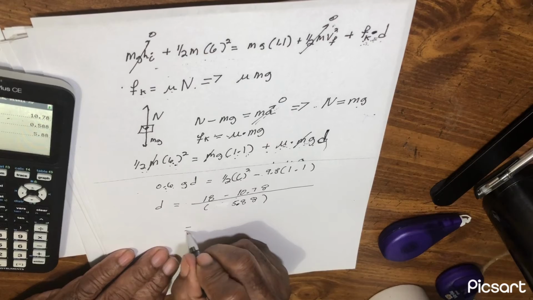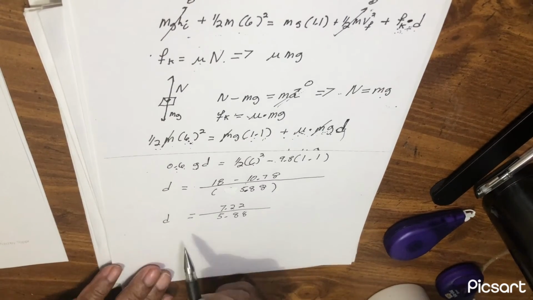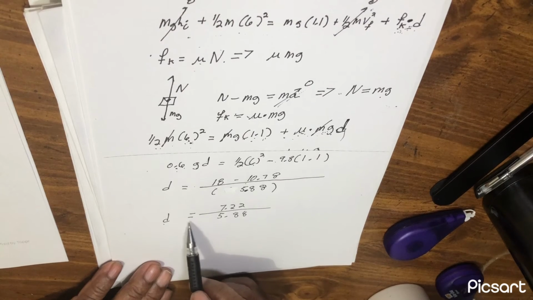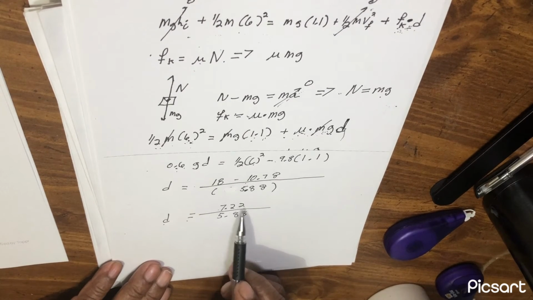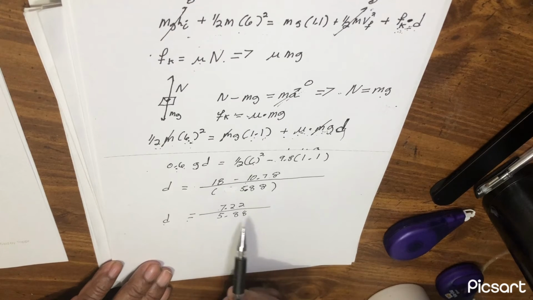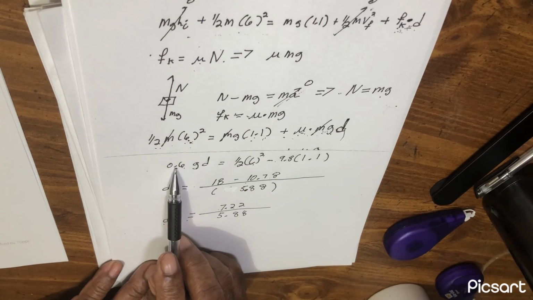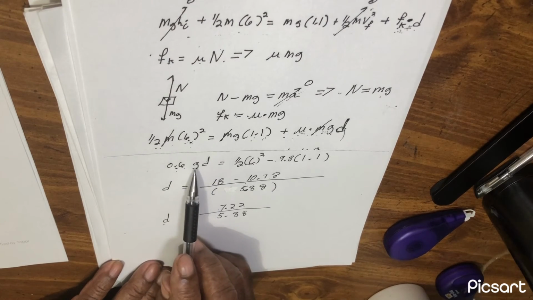And when we solve for d, we're going to get 18 minus 10.78, which is 7.22, over 5.88. That 5.88 came from the coefficient of kinetic friction, 0.6, times g.